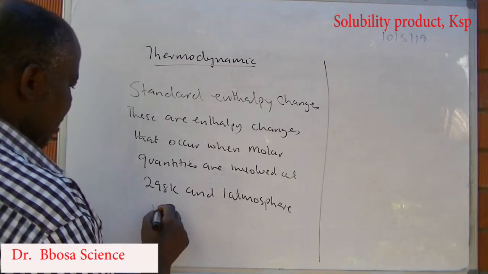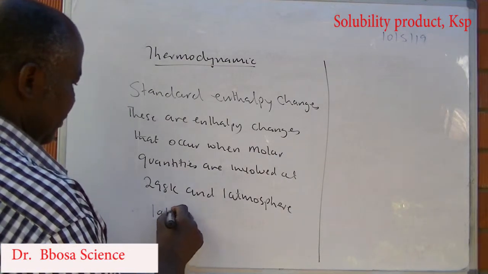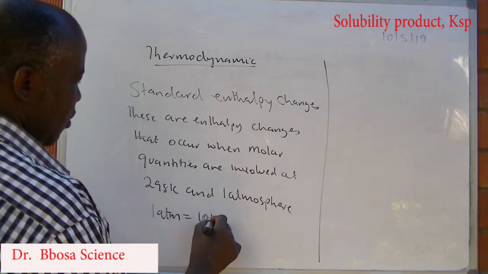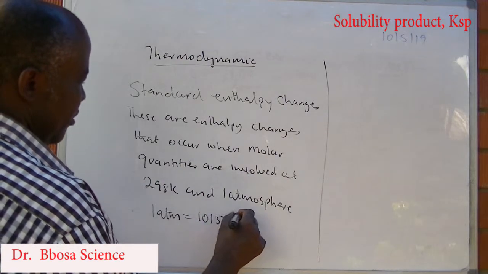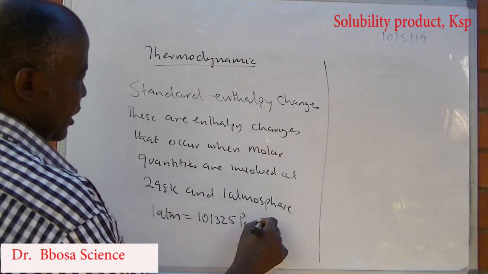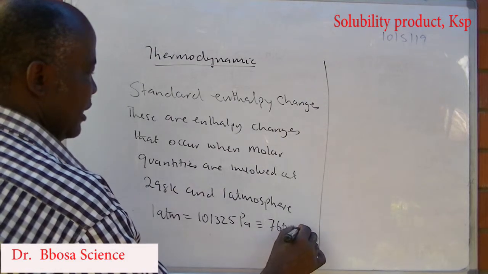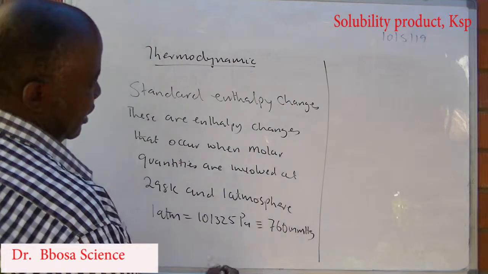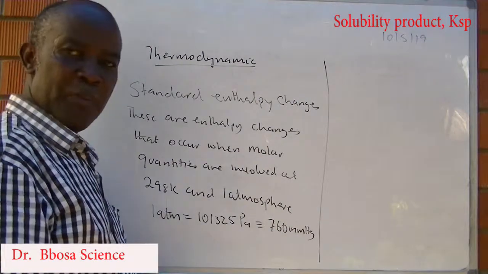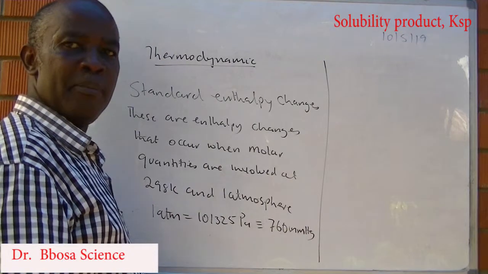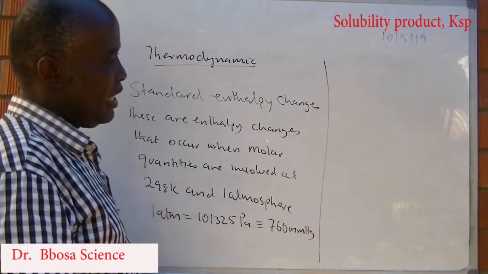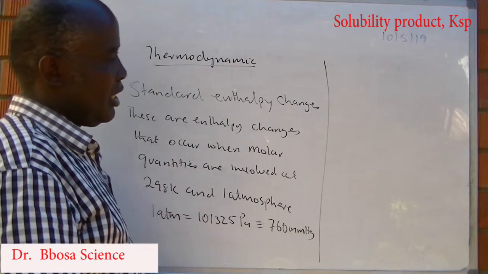Remember that 1 atmosphere is the same as 101,325 pascals, is the same as 760 millimeters Hg.